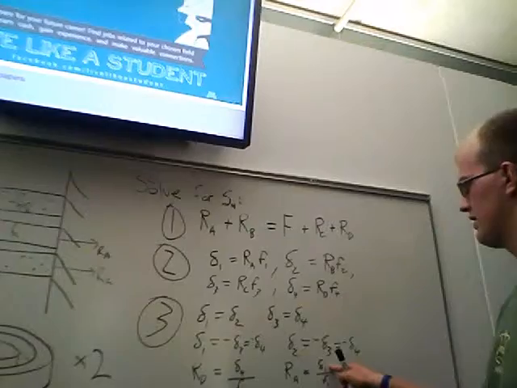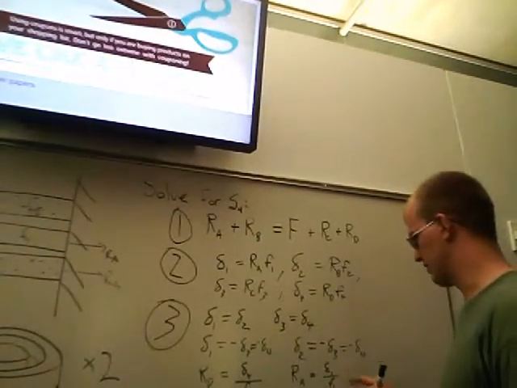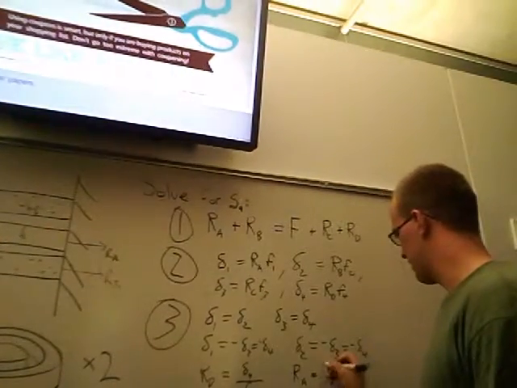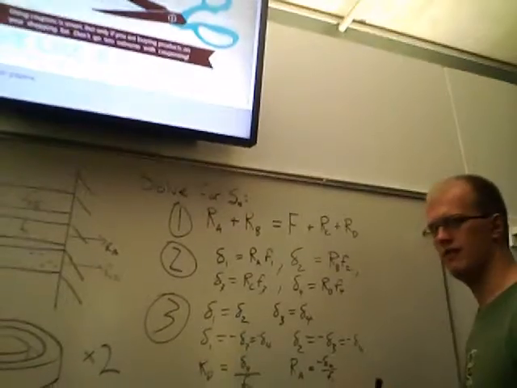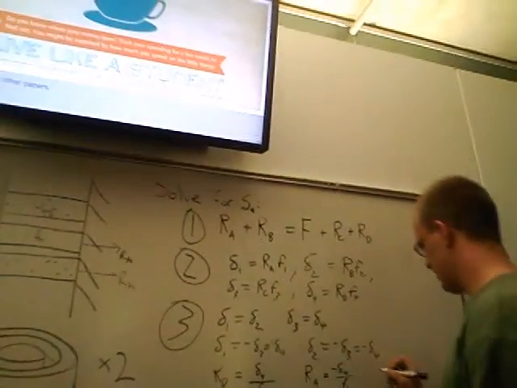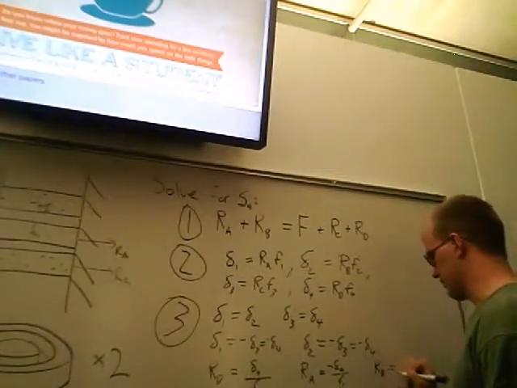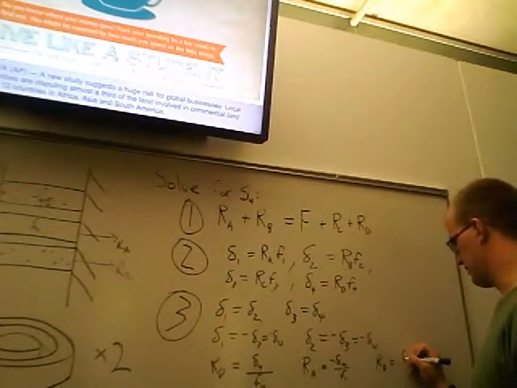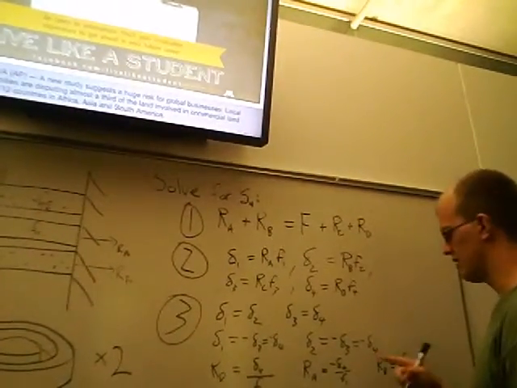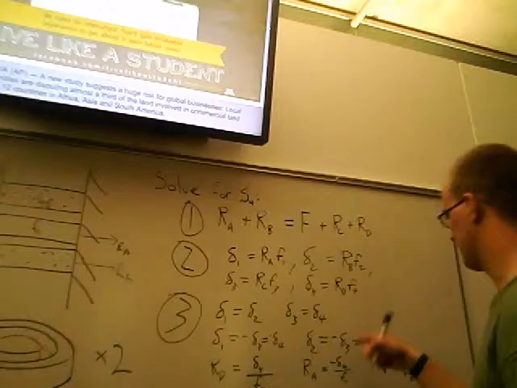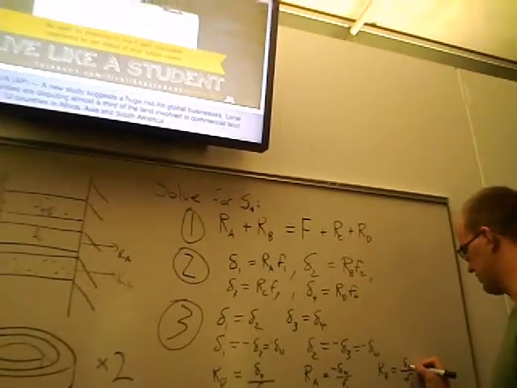We know that delta 1 is equal to negative delta 4, so we're going to replace that. So negative delta 4 over F1 is equal to RA. So RB is equal to delta 2 over F2. We know that delta 2 is equal to negative delta 4, so we're going to make that substitution.